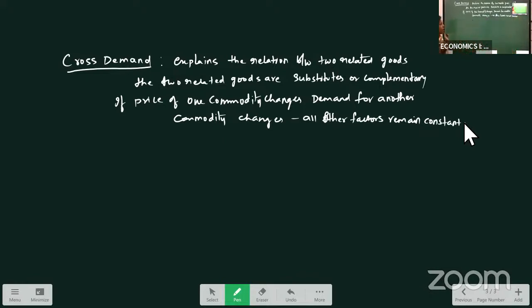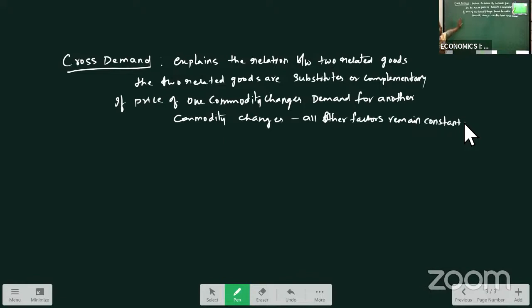So what is the concept we are explaining here? In case of cross demand, if the price of one commodity changes, demand for another commodity changes, right? The price of one will affect the demand for another. That's why we call them related goods.